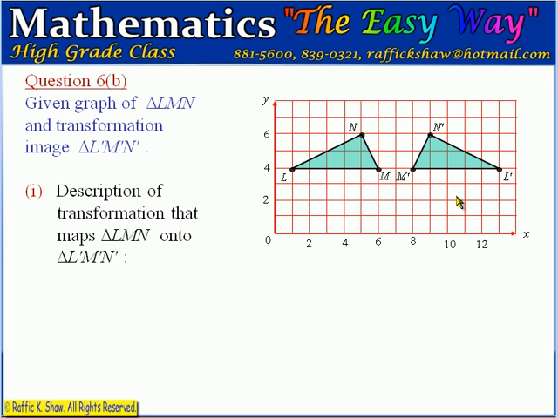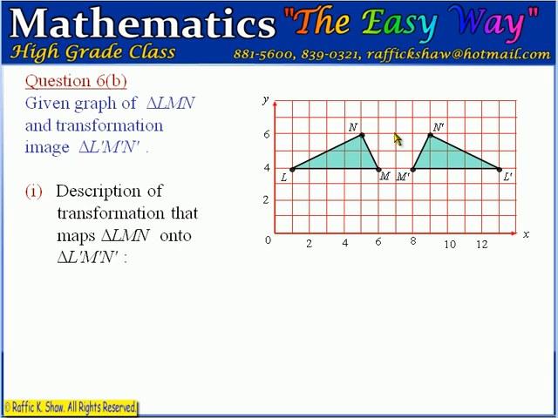And remember that in a reflection, the image distance from the mirror line is equal to the object distance from the mirror line. It therefore means that the mirror line is halfway between corresponding points. So the mirror line will be halfway between N prime and N, and will pass through this point.